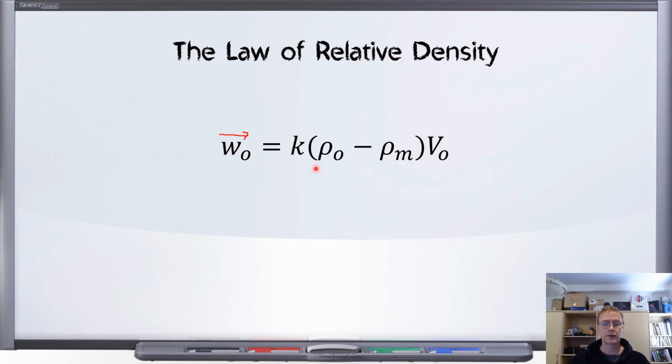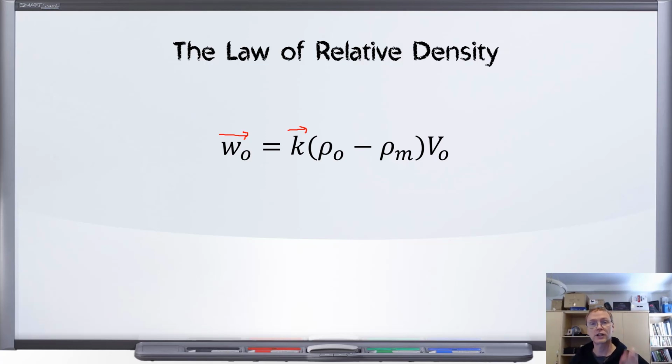But this K value, the K value is just something we measured from nature. And we have seen that in nature, heavy things go down and light things go up. So when we measure K, we will simply measure it as a magnitude and a direction. That makes our K vector a vector quantity. So now we have upgraded our law of relative density to handle vector notation.